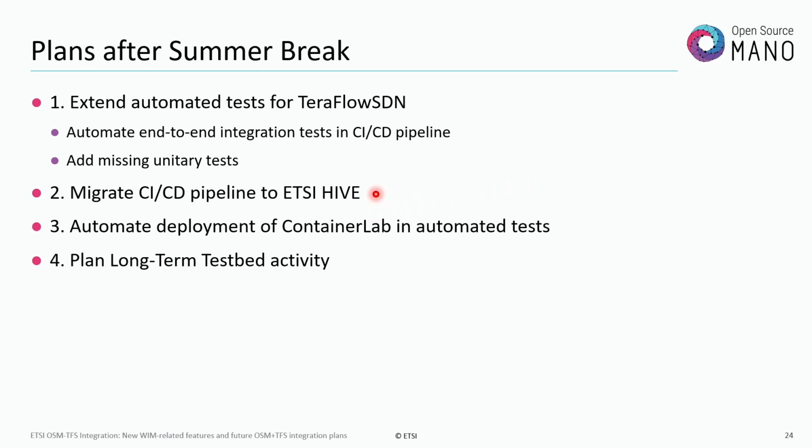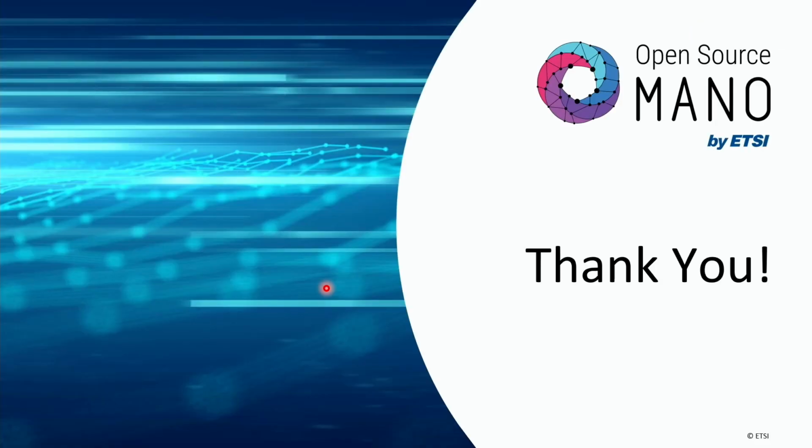Right now, we are running the CI/CD pipeline outside the ETSI Hive. The plan is to migrate this after the summer break. And then the next point is to automate the deployment of these Container Lab environments with TeraFlow. Right now, we are doing it by hand. And after that, we can start with this long-term testbed activity that we were discussing. And well, that's all, more or less. I don't know if there is any question.